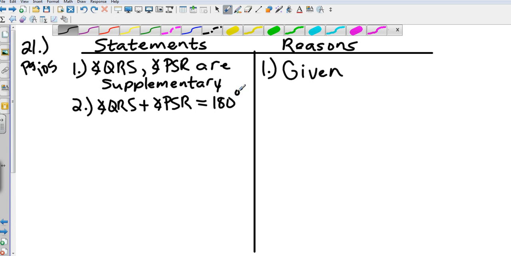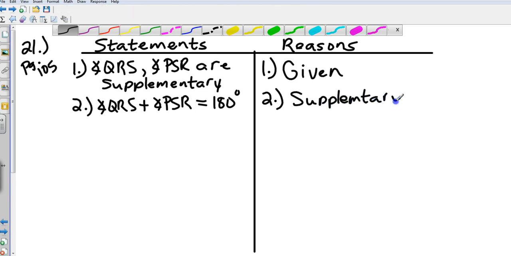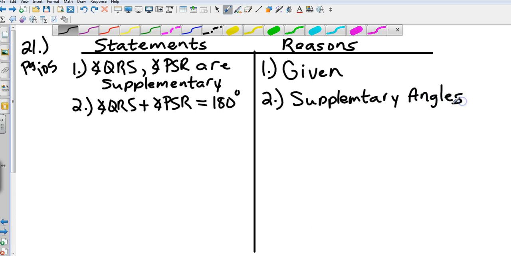And again, that's just by definition of supplementary angles. Okay, then step 3.